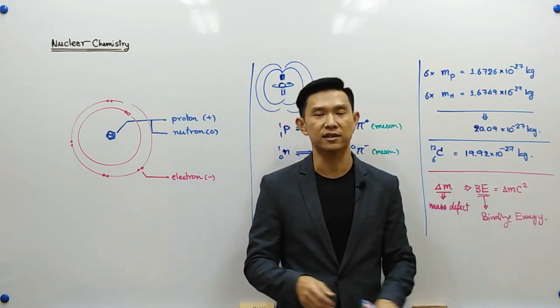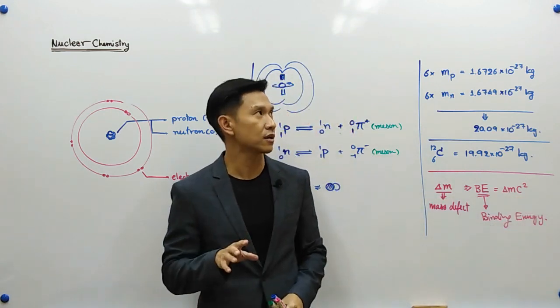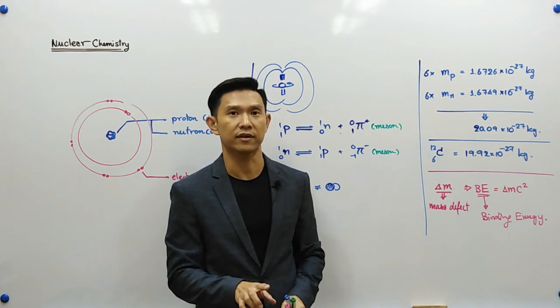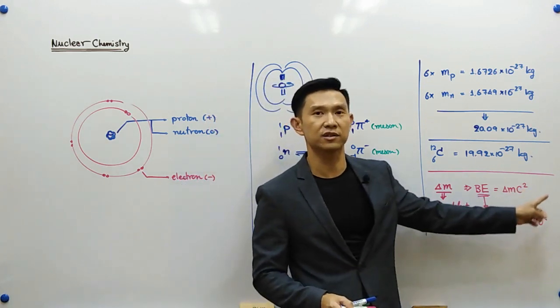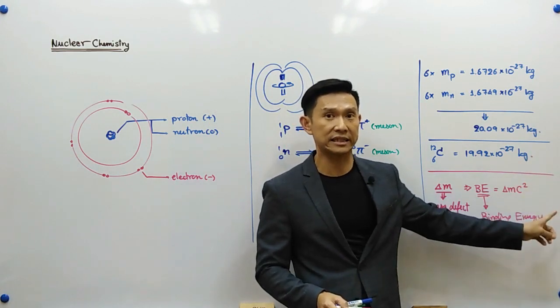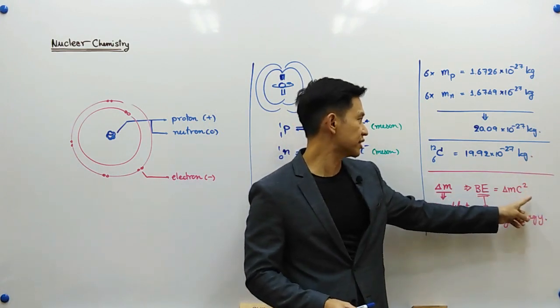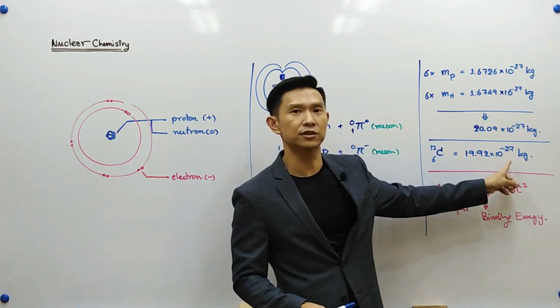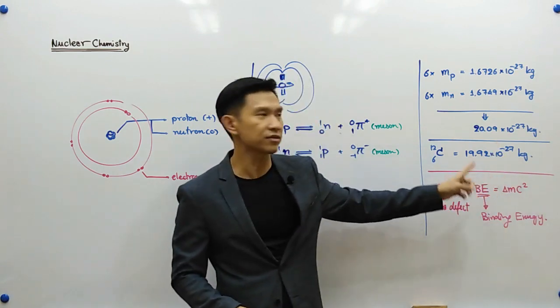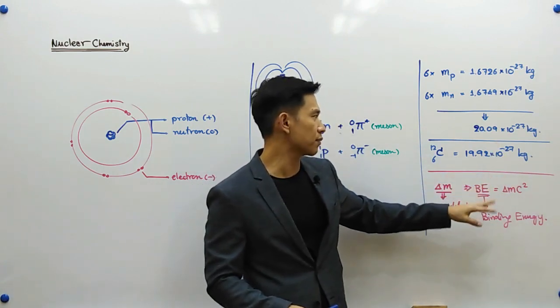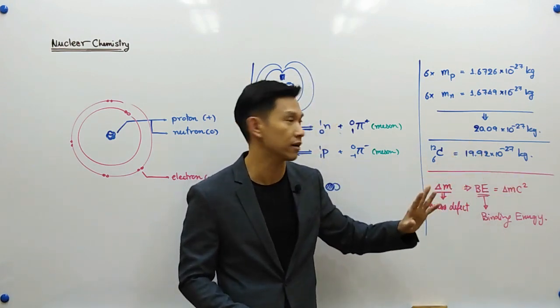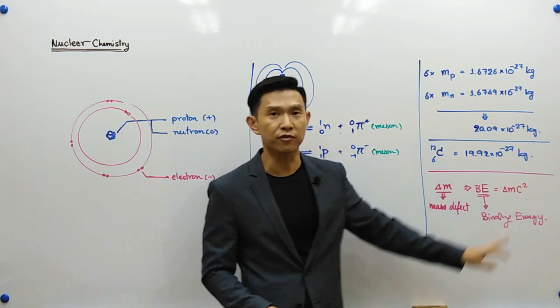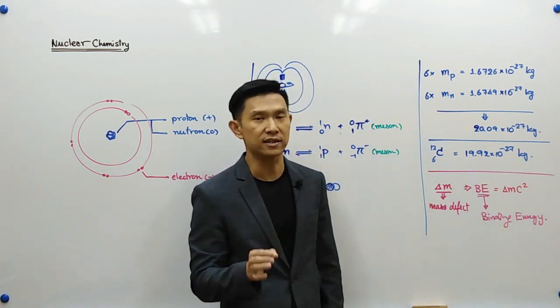The speed of light is 3 times 10 to the 8, so c squared is about 10 to the 16. And then you multiply with 10 to minus 27. That drops down to about 10 to minus 11 joules. That's for just one atom, right?